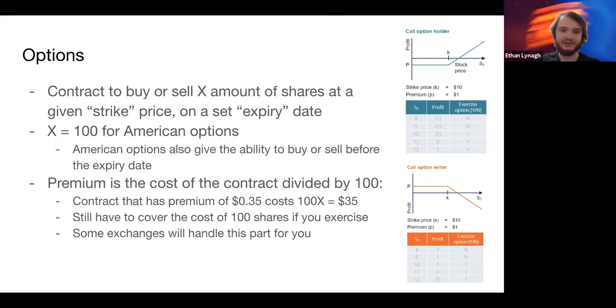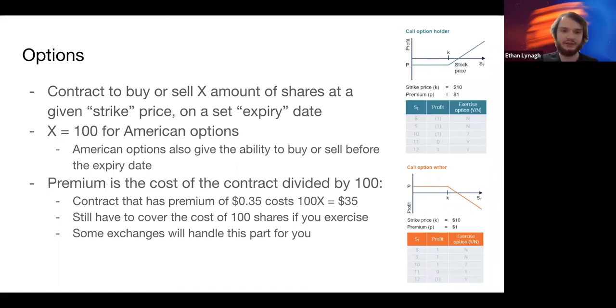So if the stock's $50 right now and you think it would go to $100, you could buy a contract to buy it for $75, say a week from now. And you have the option to buy as much of that stock as you have set out in your options on or at that given date.